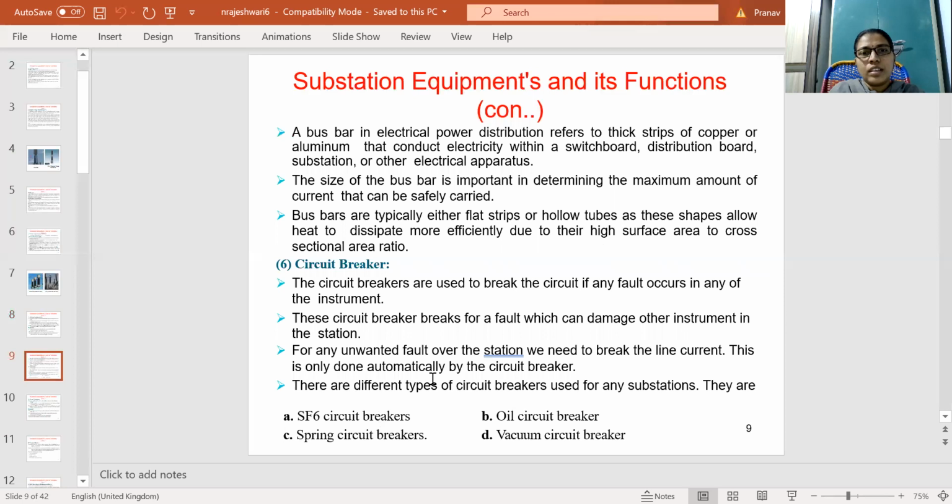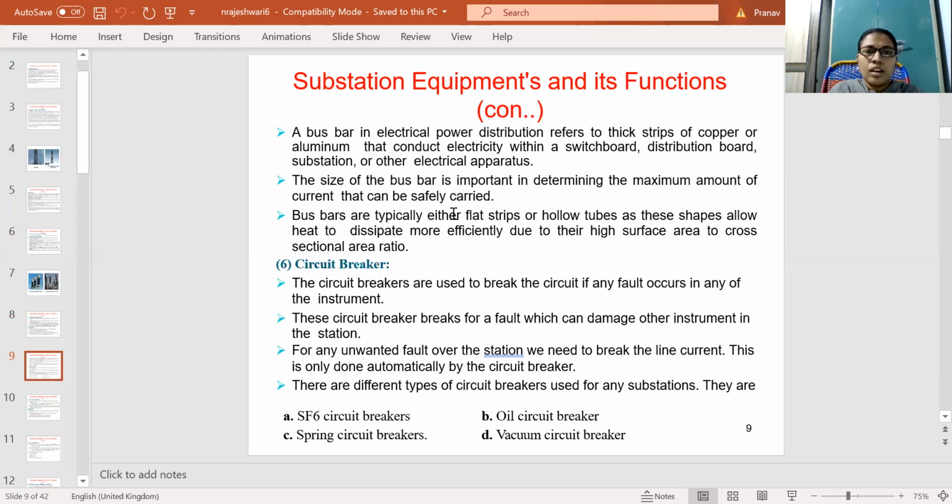A bus bar in electrical power distribution refers to thick strips of copper or aluminum that conduct electricity within a switchboard, distribution board, substation, or other electrical apparatus. The size of the bus bar is important in determining the maximum amount of current that can be safely carried.